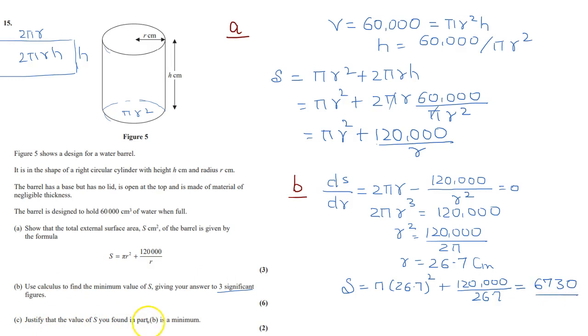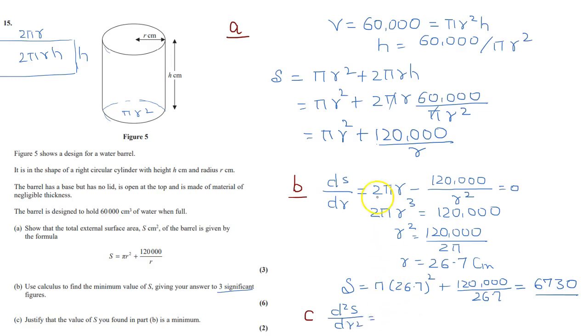Justify that the value of S you have found in part B is a minimum. So again we have to find d2S over dr square.